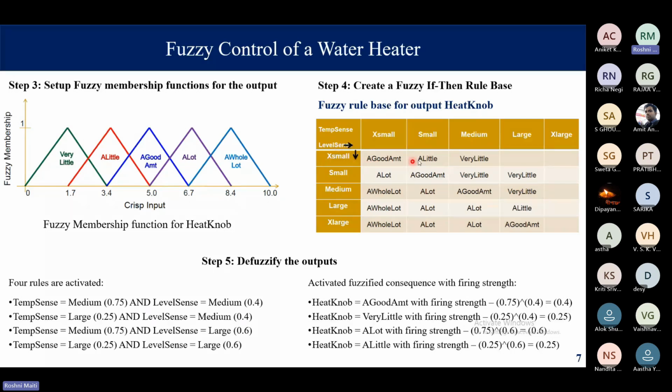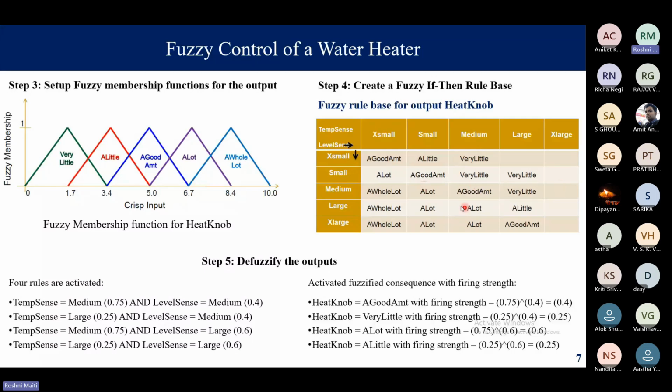Then for medium and extra small for the temperature sensor and level sensor respectively, we have to open our heat knob very little. So these are different rules. After that, we have to specify those rules.